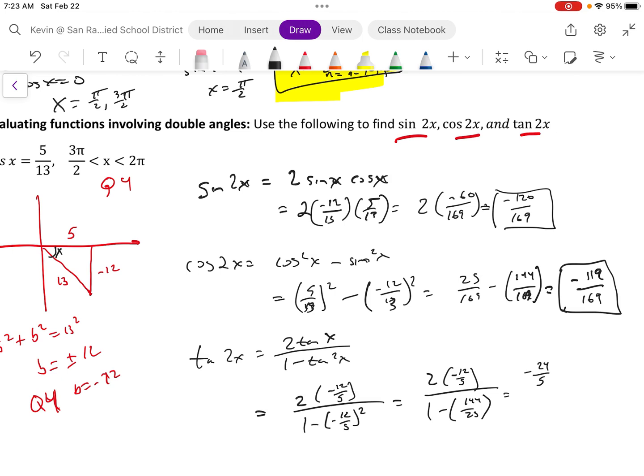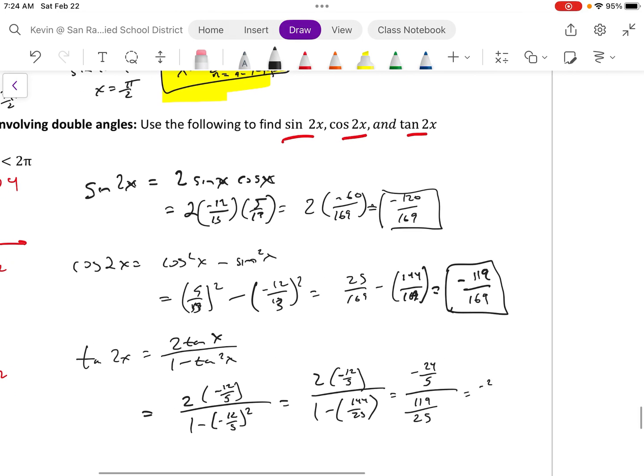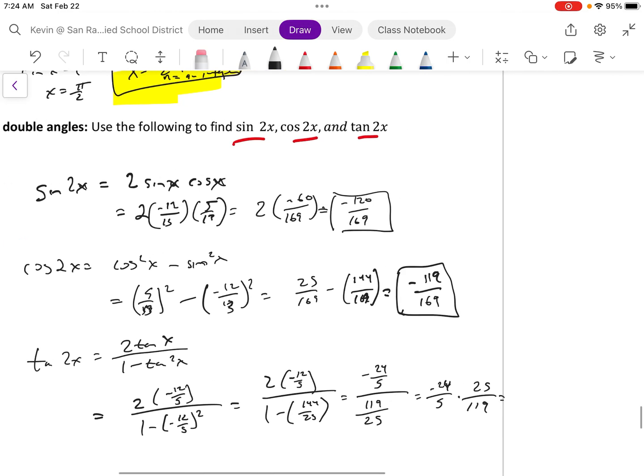The numerator is negative 24 over 5, and the denominator is 25 minus 144, which is 119 over 25.